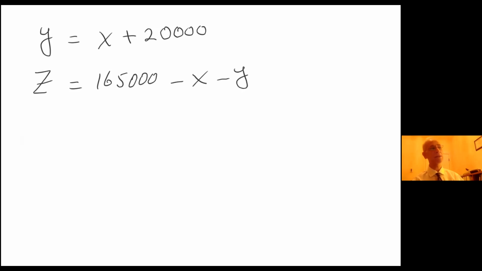We know that Z, the amount that she invested in stocks, is 165,000 minus the amount that she invested in certificates of deposit, minus however much she invested in bonds.